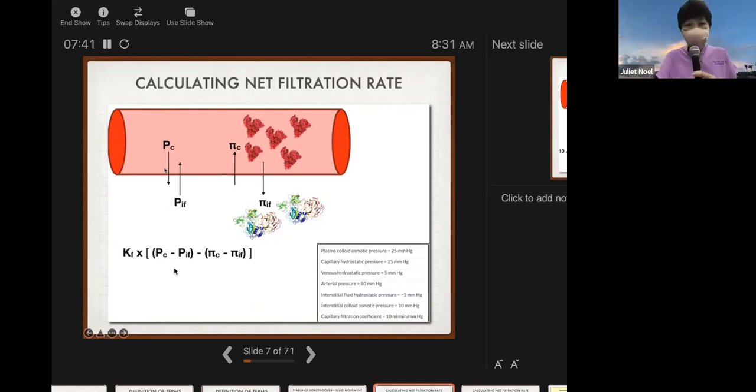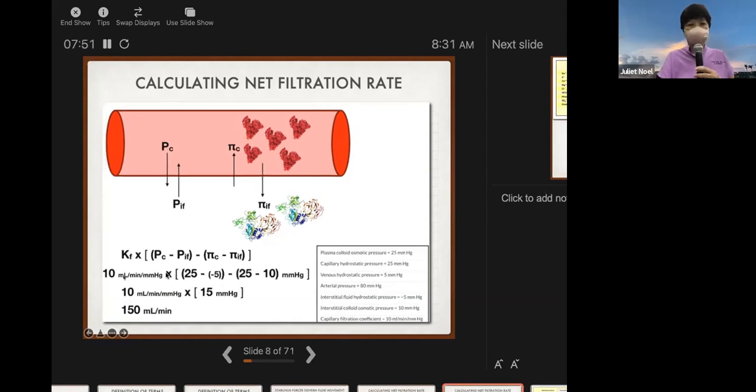So that's 25 minus -5, and the capillary oncotic pressure is 25 minus the interstitial fluid oncotic pressure, which is 10.